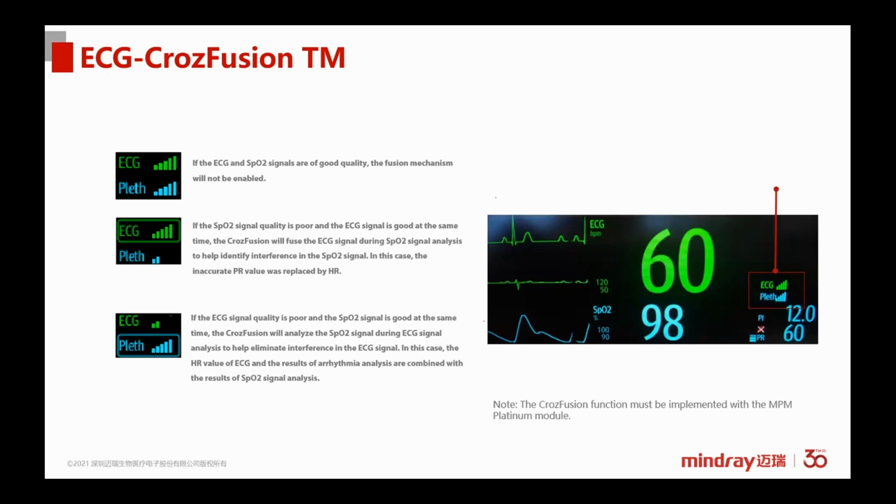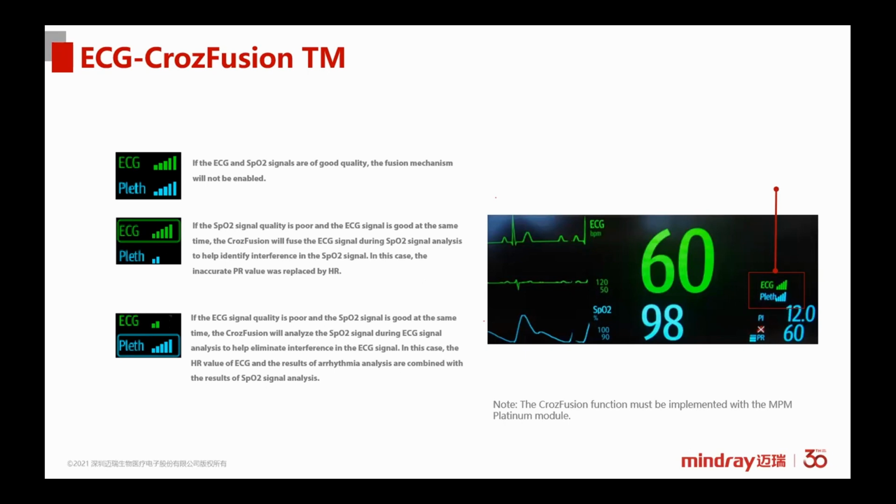So normally, how can we explain how it works? For example, we divide it into 3 different situations. The first one is that both ECG and SpO2 signals are of good quality. Under this situation, the cross-fusion function will not be enabled because both signals are good. The second situation is that the SpO2 signal quality is poor, but the ECG signal is good at the same time.